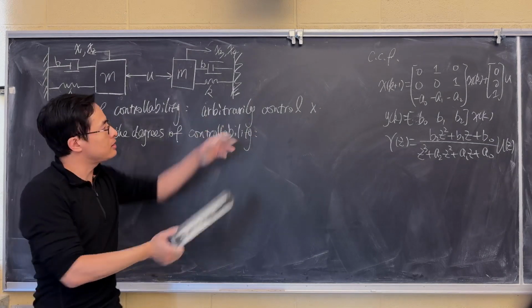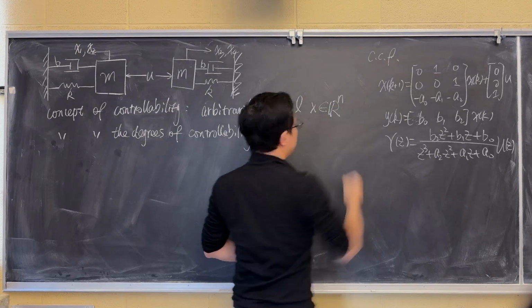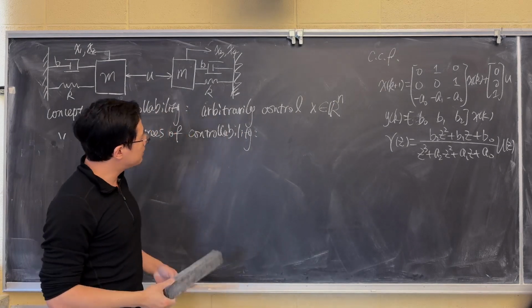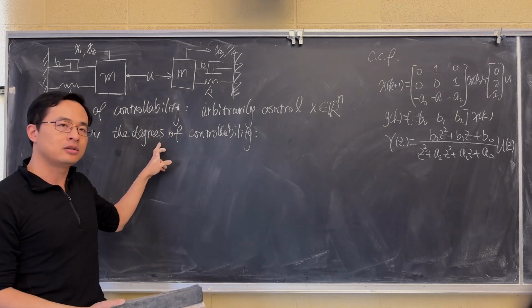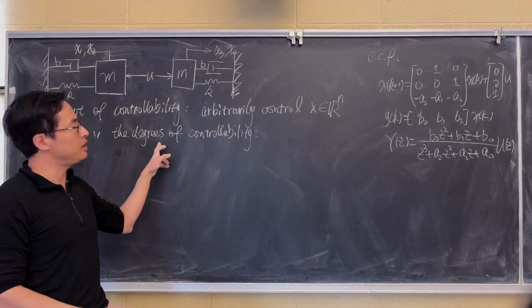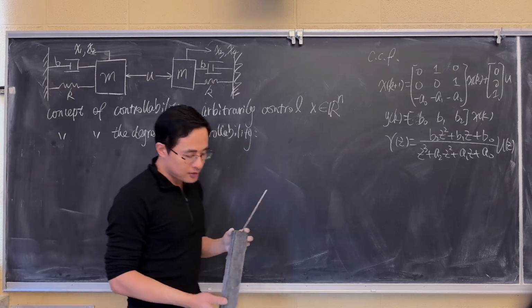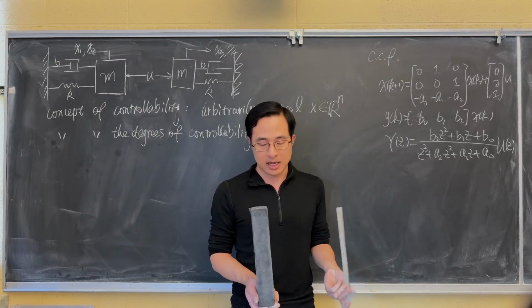So here it says this is control x in all the state space, so it's an n-dimensional state vector. The concept of whether a system is difficult to control or easy to control is a sub-question here. For example, I have two inverted pendulum-like systems.